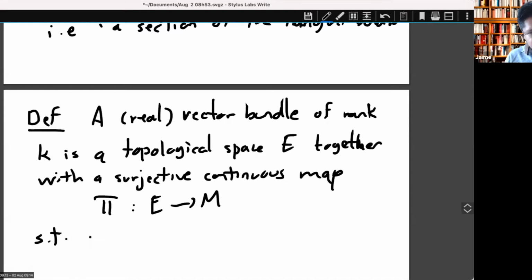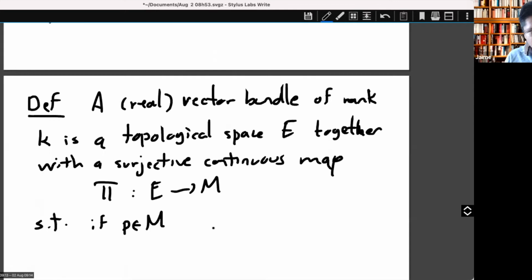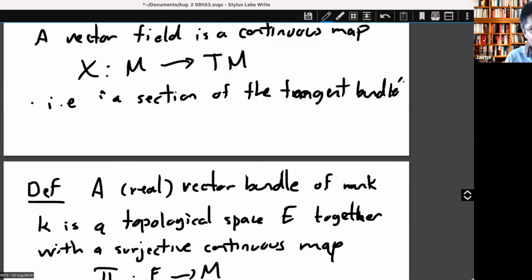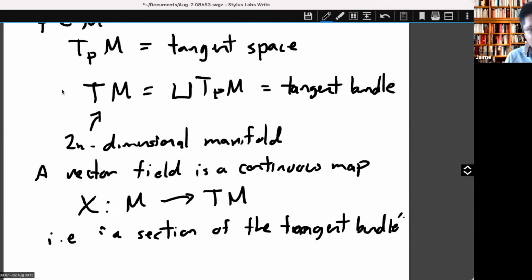Such that if we take a point in the manifold, well, here we always start, did I say that? Yes, we start with a differential manifold, a smooth manifold.